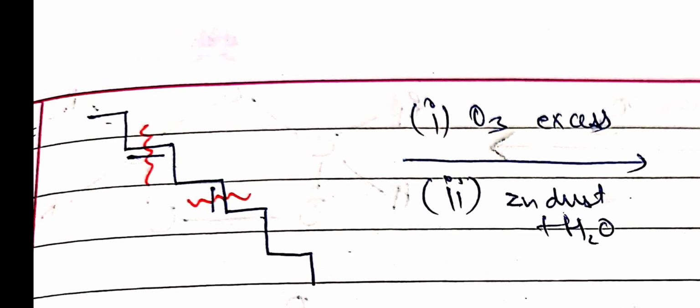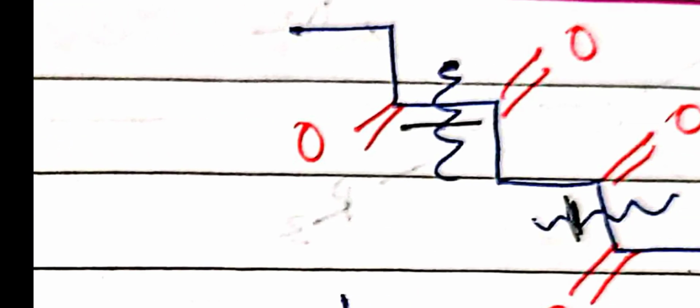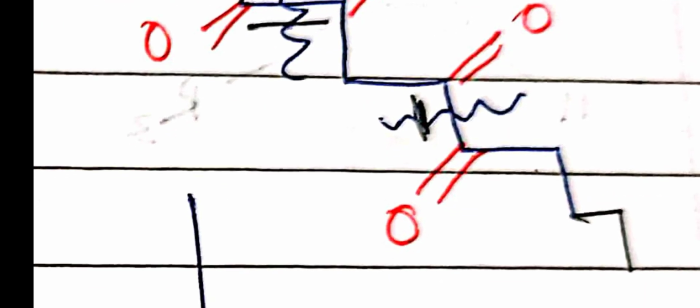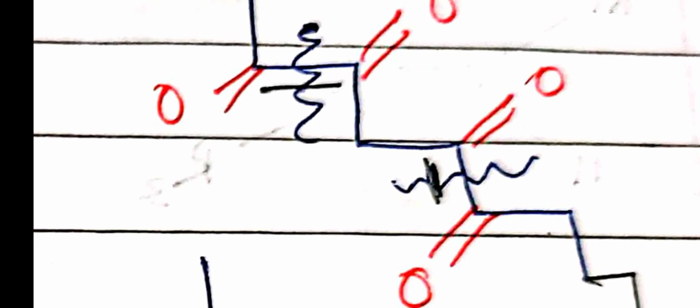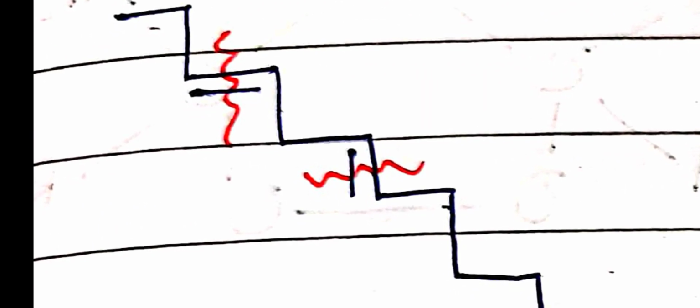Here, you just break this bond as I have shown by these wavy lines, and attach oxygen atoms on both carbon atoms which are bonded by a double bond here. The real question in these examples is how many products you will obtain.